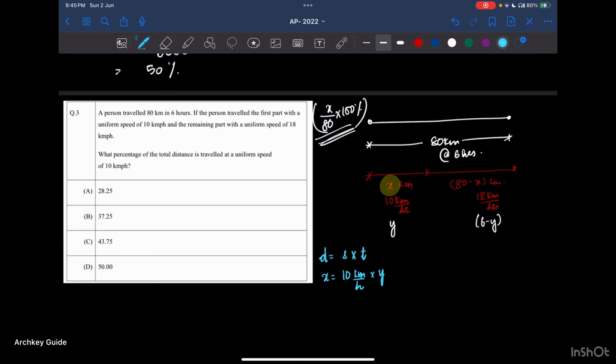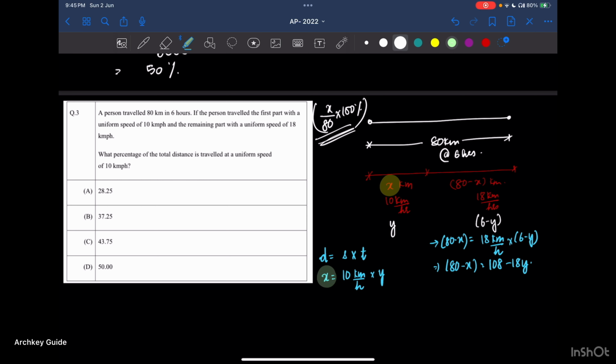In the same place, this would be 80 minus x equals speed, which is 18 kilometers per hour, into 6 minus y. So 80 minus x equals 18 into 6, which would be 108, minus 18y.